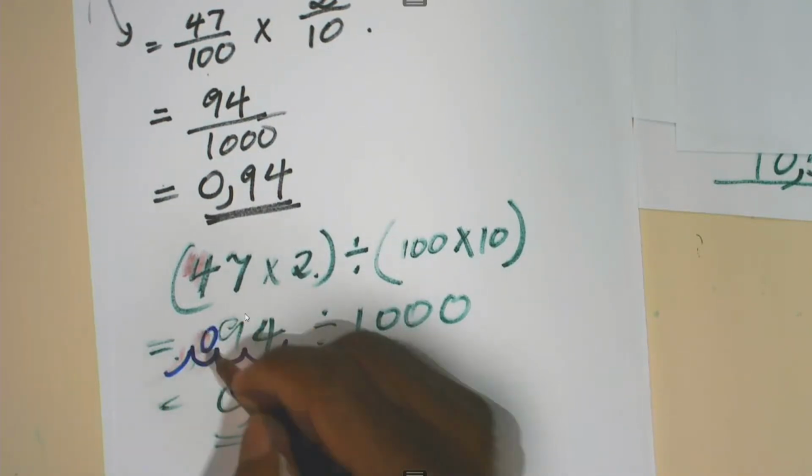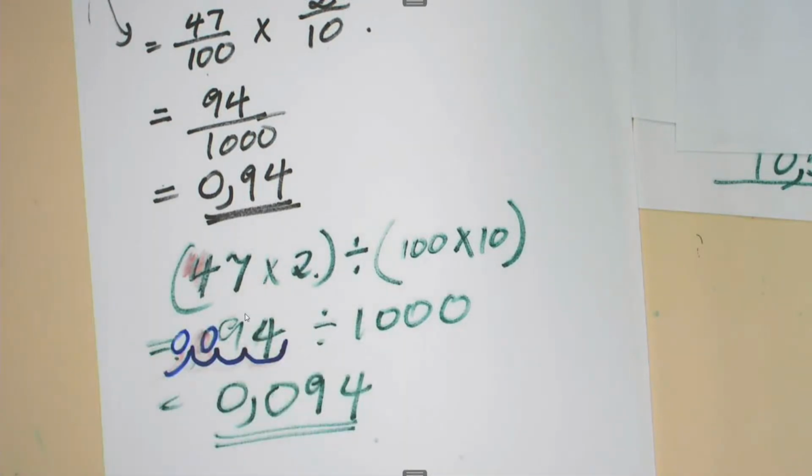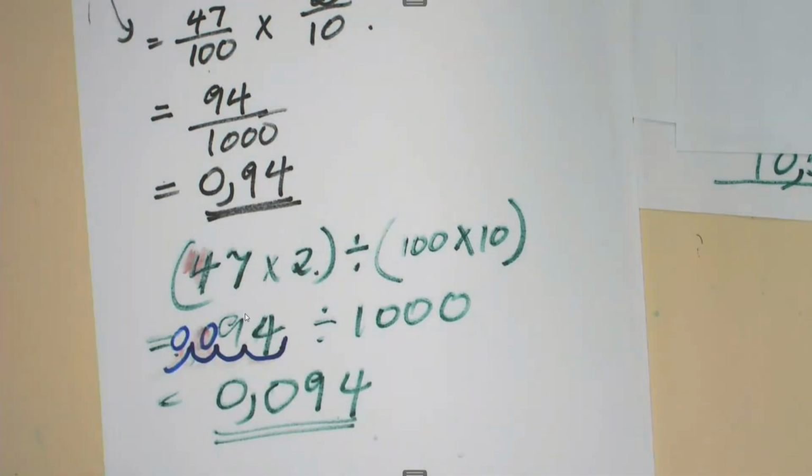So it's 0 here, and then it's going to be 0. That's why we have 0,094. Just remember that the comma is moving, that number is going to the right. That's why it makes it as if the comma is moving. But when we calculate quickly, we have been saying that, but you must know that in actual fact what is moving is that number. So that's what we have.